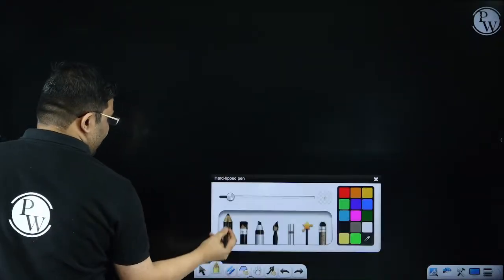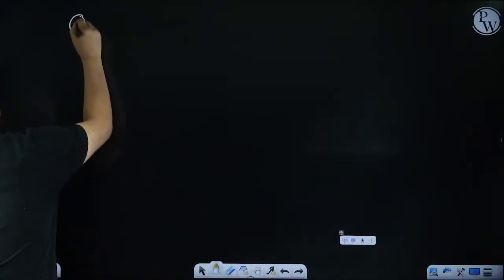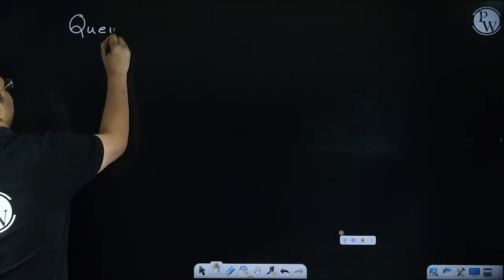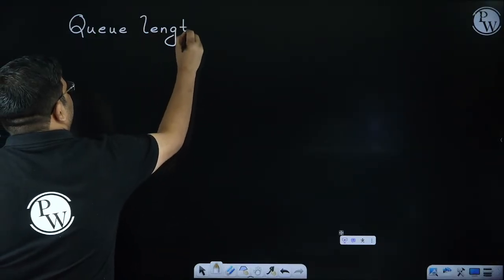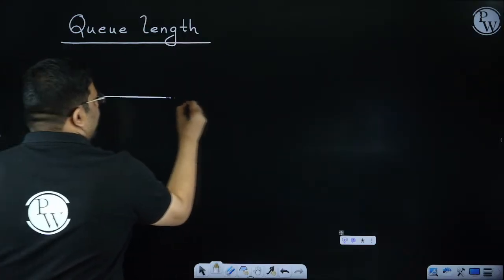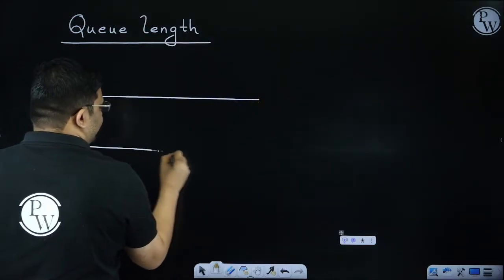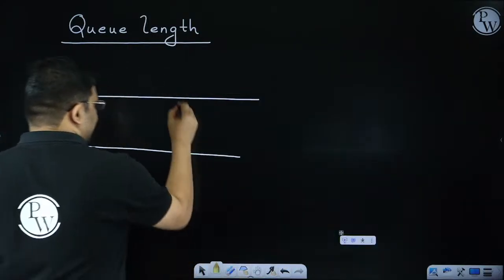So what is the queue length? Suppose there is a road, and on this road there is a certain point.